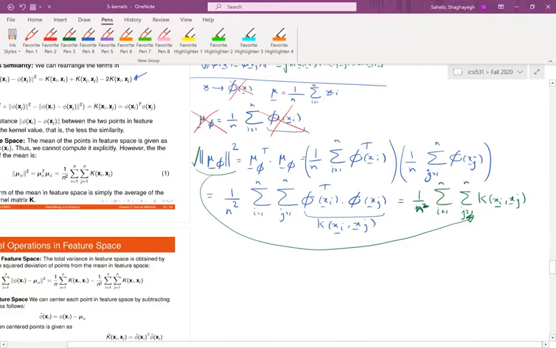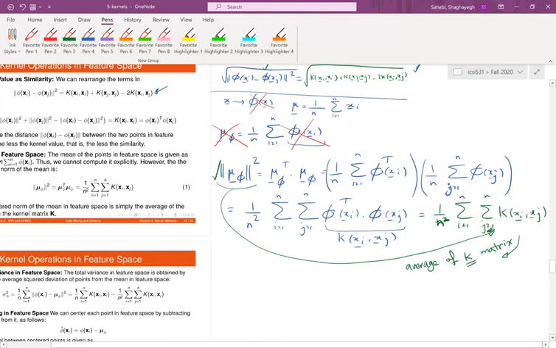So we have n squared elements in the kernel matrix. So basically this whole thing is the average of the K matrix. So the average of every value in my kernel matrix is going to give me the magnitude of my mean squared in the new feature space.